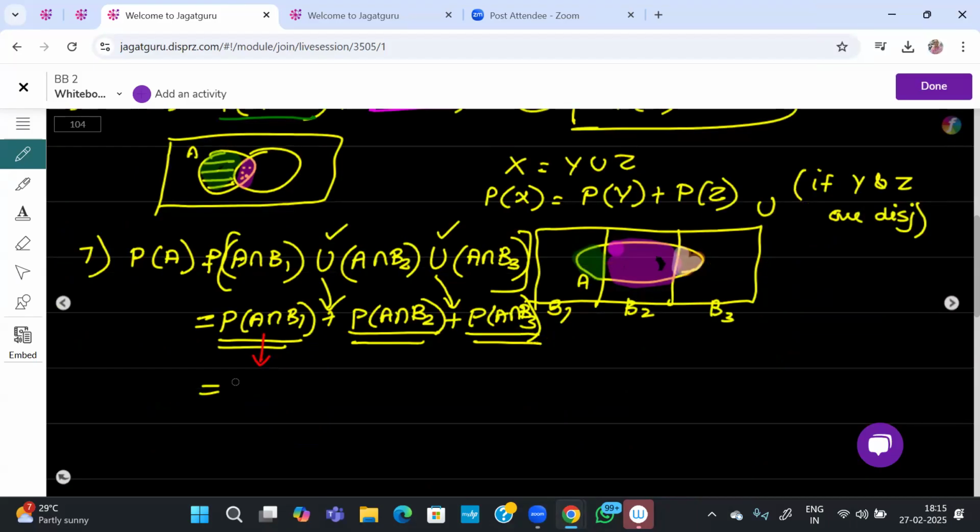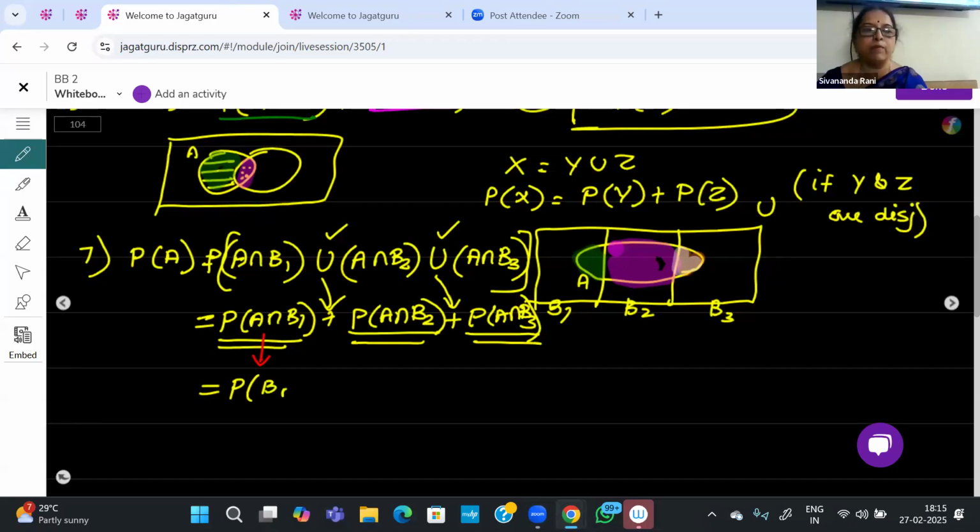P of B1, very good. P of B1 into P of A given B1. Very good. Look at the way she has intelligently constructed P of A given B1. She could have said P of A into P of B1 given A, but she didn't say that. Why? There are two ways of expressing it, no?